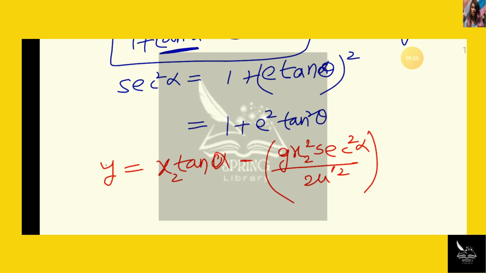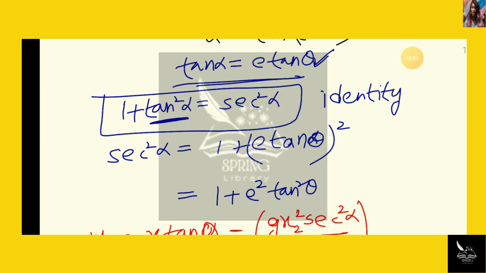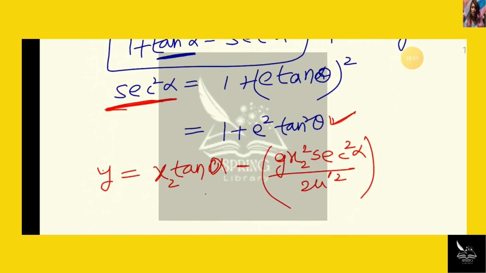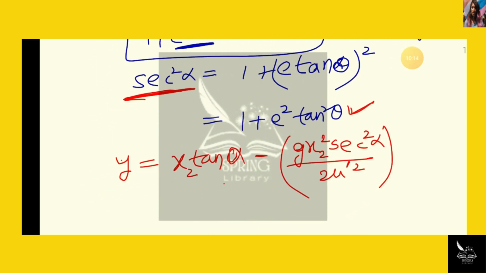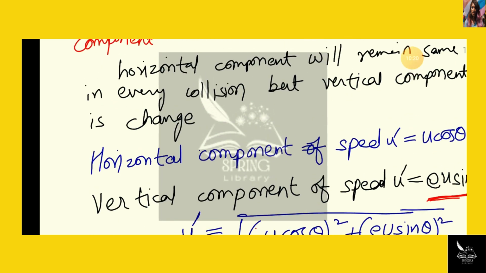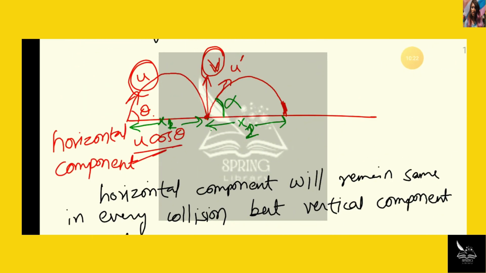Now put the value of sec square alpha which I got in the above step, that is sec square alpha is equal to 1 plus e square tan square theta, and put the value of y2 equal to 0, because here I will try to find the value of x2. So at distance x2 you can see that y2 is equal to 0.